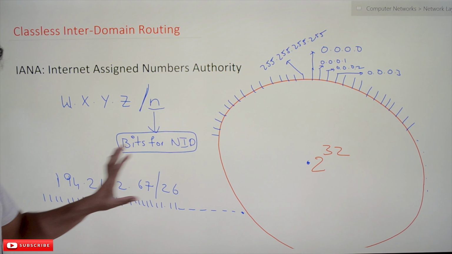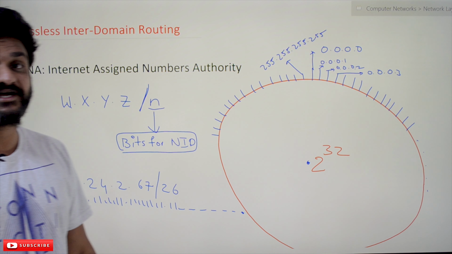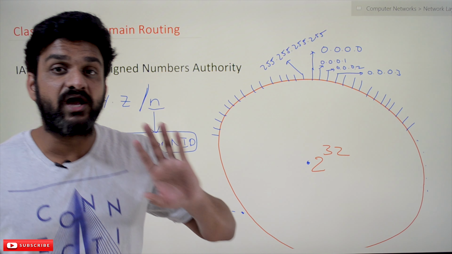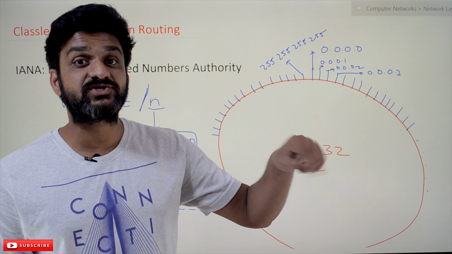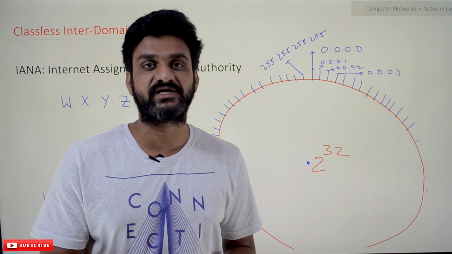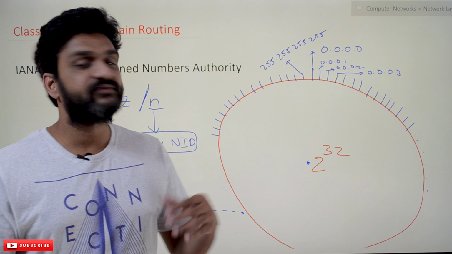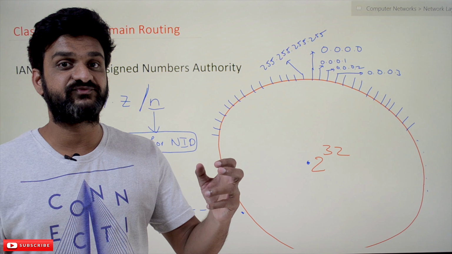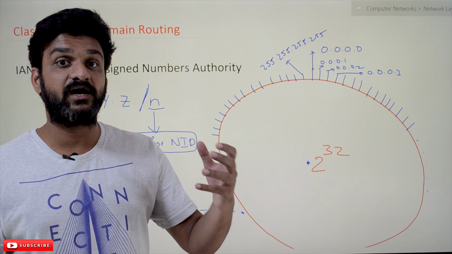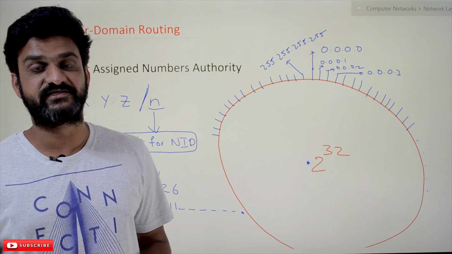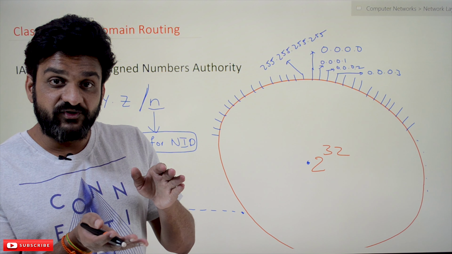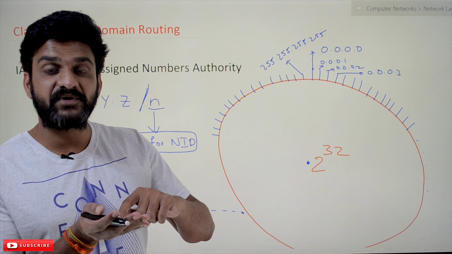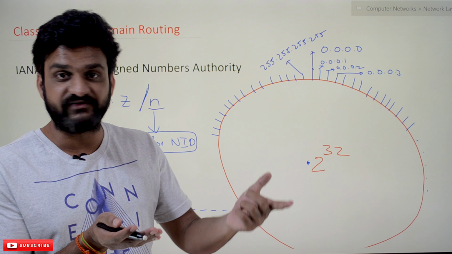We'll go deeper into how these IP addresses get allocated. One rule is that you should always ask for powers of 2 IP addresses. For example, if you want to construct a network with 70 systems, you should not ask for 70 addresses. 2 power 6 is 64, and with 64 IP addresses we cannot construct a network with 70 systems.